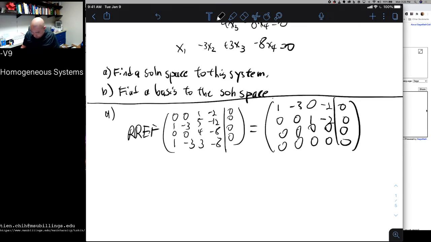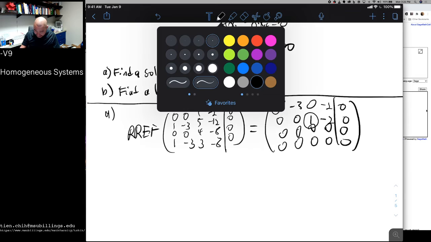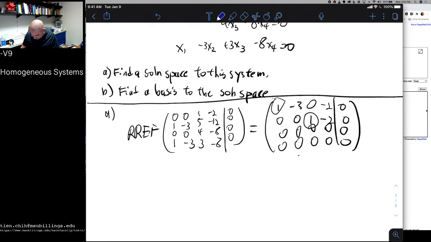So we once again notice, as we did earlier in the course, that these two are pivots. All right, and then let's associate this variable with A and this variable with B. And so what we're saying here then is that x2 and x4 are equal to A and B. Right?